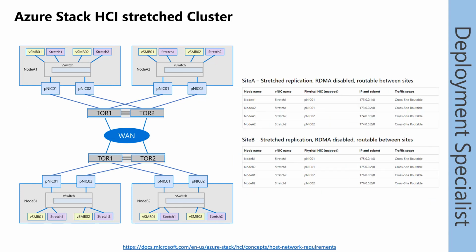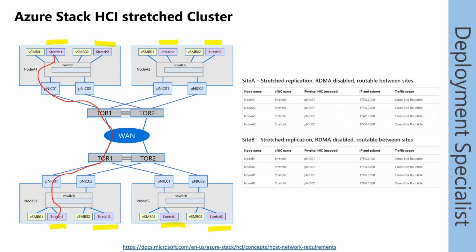Now for the stretching part, we have to care about the stretch switches or the stretch NICs, the virtual NICs that are used for communication across these sites. So these are the virtual NICs that are responsible for the traffic that is routed via the physical NIC, via the top of the rack switch, via the physical NIC here, into this stretch adapter here. So this is the way the flow goes.